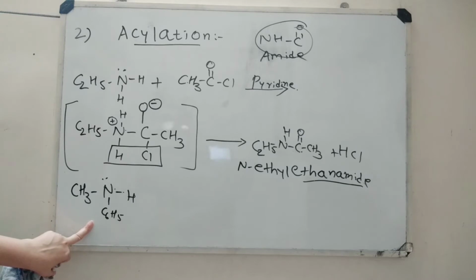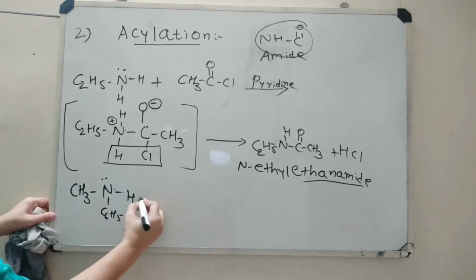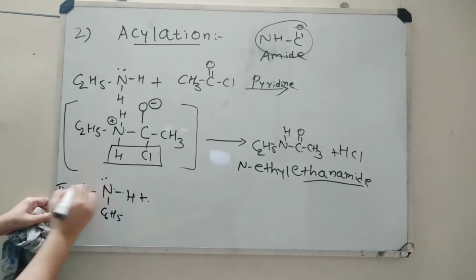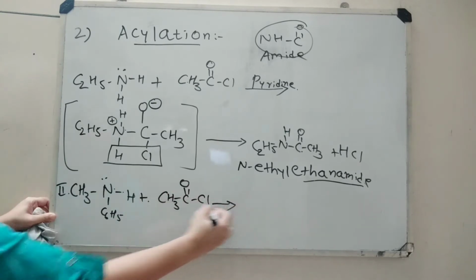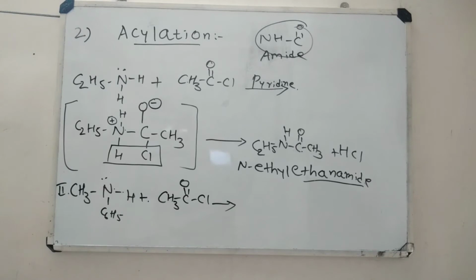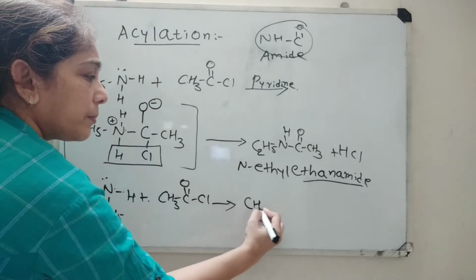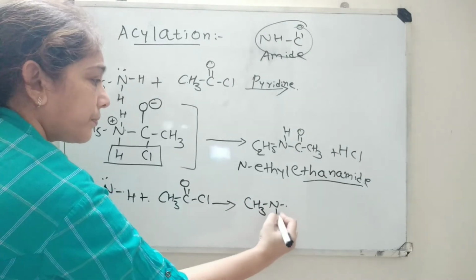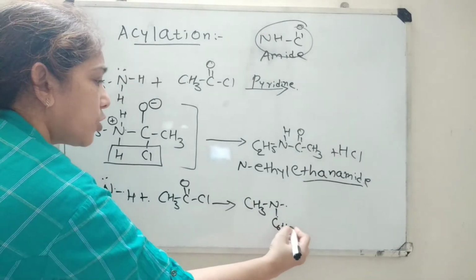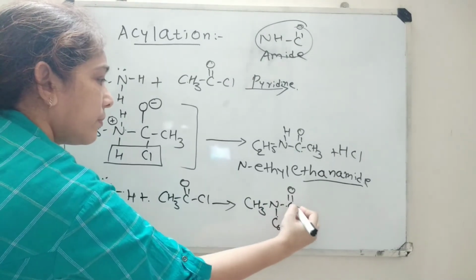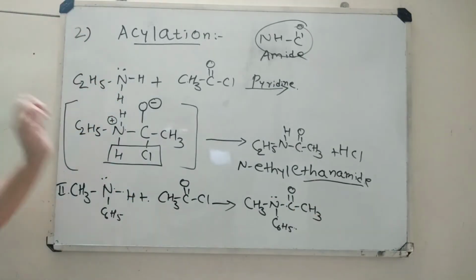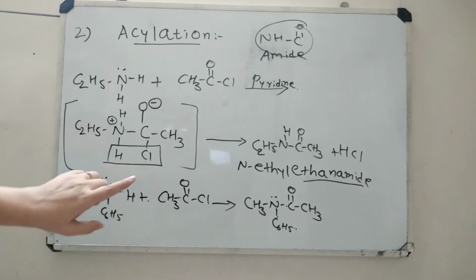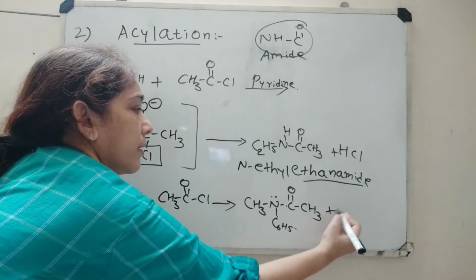Aniline means C6H5. When it reacts with CH3COCl to form what? The reaction will take place in the same way. Just we have to write CH3 N C6H5 CH3. So this is the product and HCl is the byproduct.